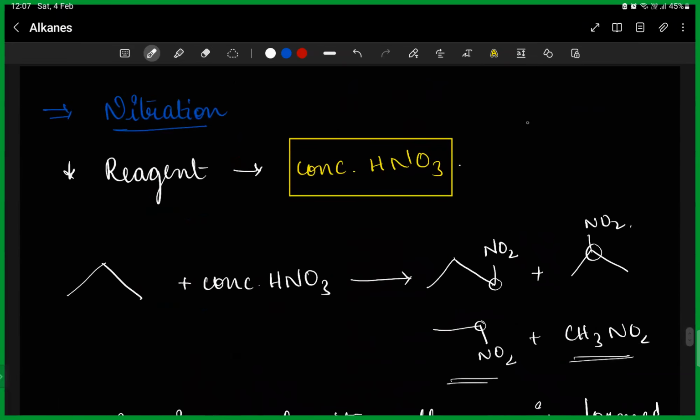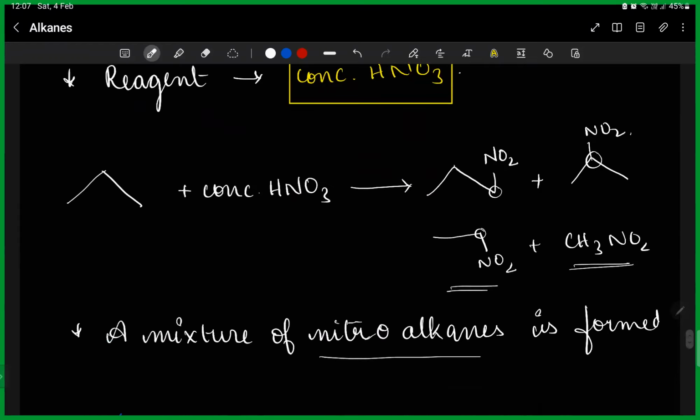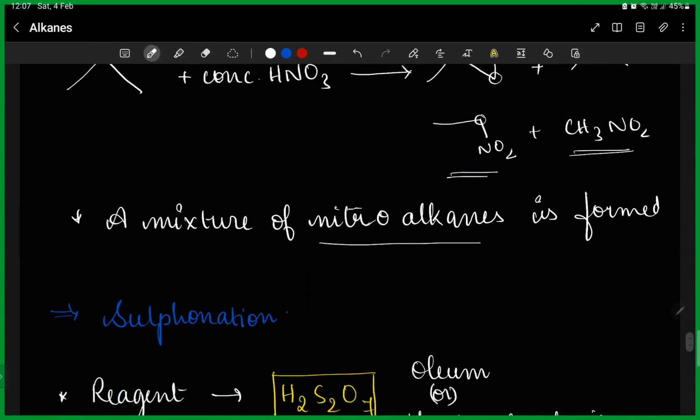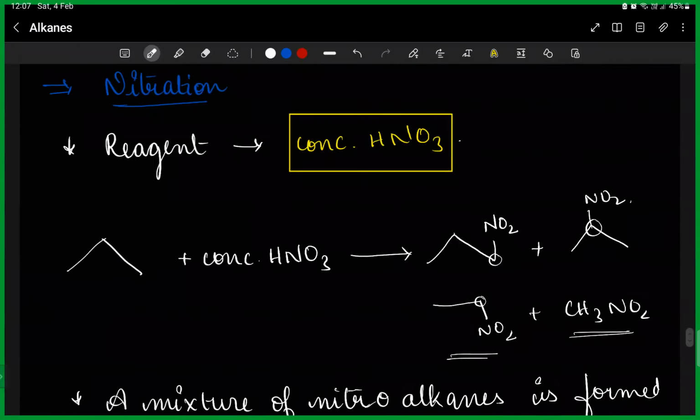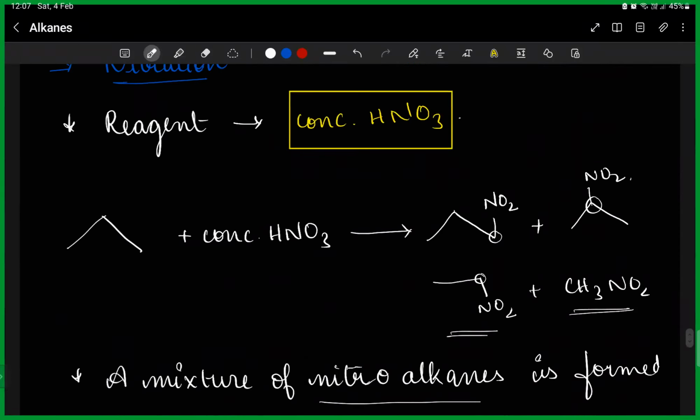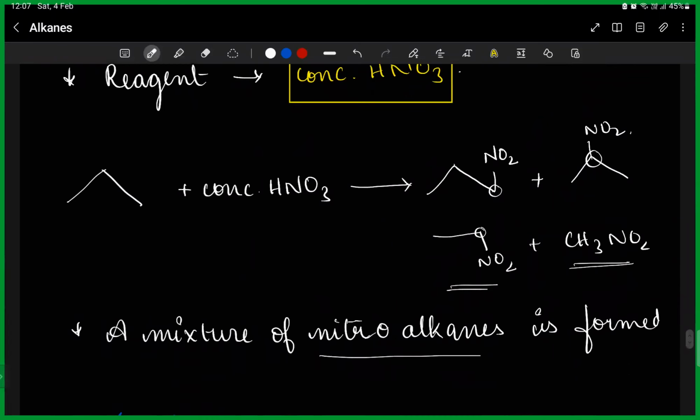Like if I have butane here, it can become a substituted propane like this, or it can also form an alkene. So these are all possible in case of radical mechanisms. That is why a mixture of nitroalkanes is formed, and we don't discuss reactivity that much. So the reagent is concentrated HNO3.